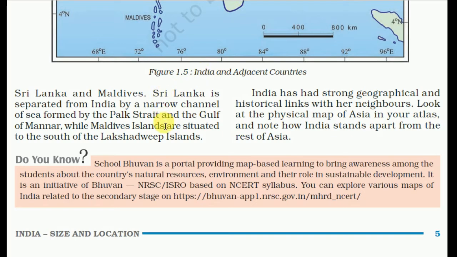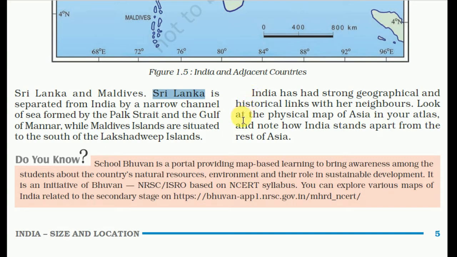Sri Lanka is separated from India by a narrow channel of sea formed by the Palk Strait and the Gulf of Mannar, while the Maldives islands are situated to the south of the Lakshadweep Islands.